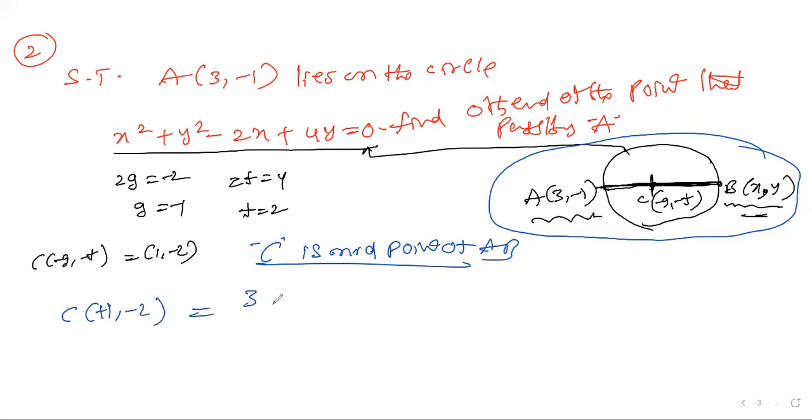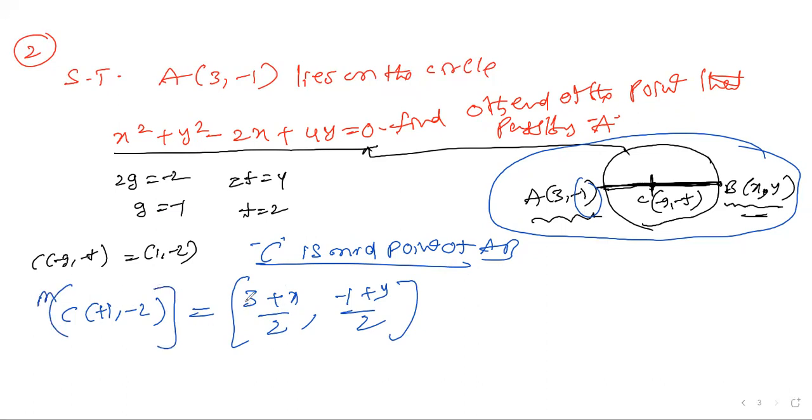The midpoint formula is x1 plus x2 by 2 comma y1 plus y2 by 2. So minus 1 plus y by 2, because C is the midpoint. The midpoint C is equal to x1 plus x2 by 2, y1 plus y2 by 2. Then after equating on both sides, 1 is equal to 3 plus x by 2.